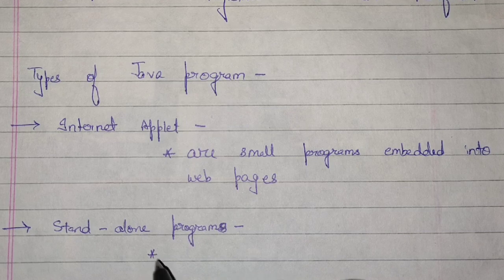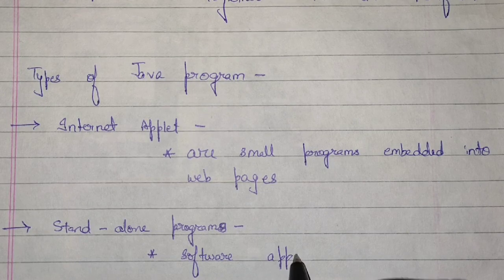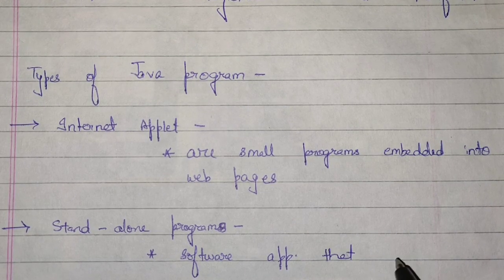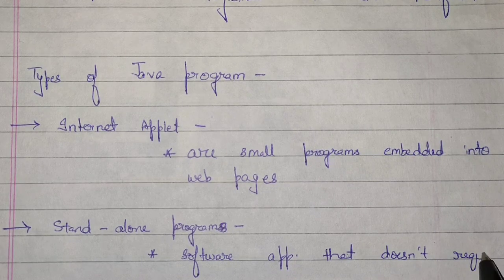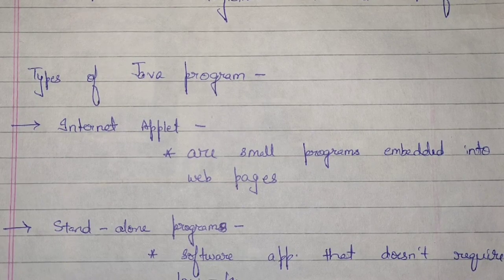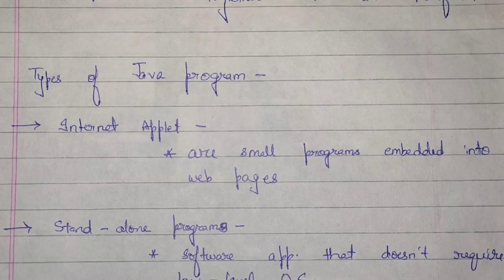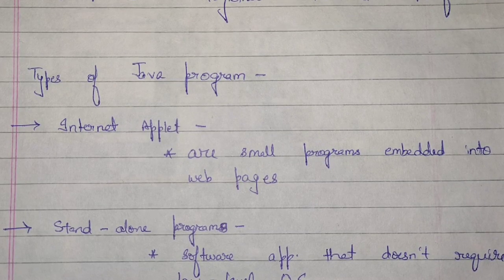Whereas standalone systems are the software applications that don't require a low-level operating system. The execution of the standalone programs starts from the main method.